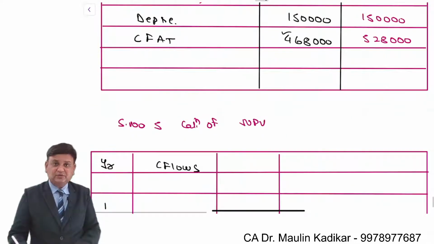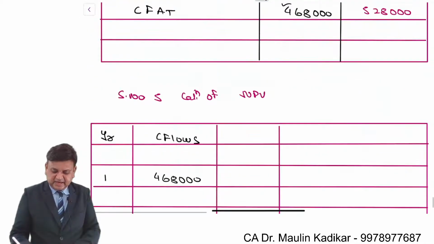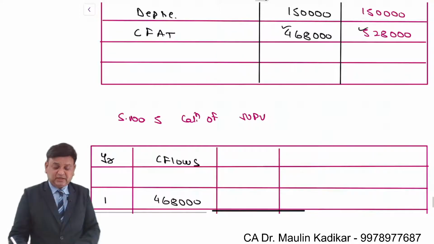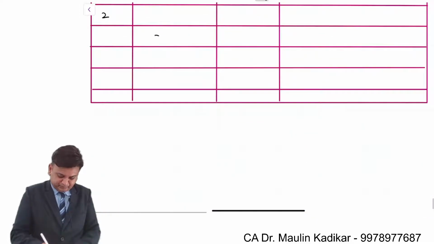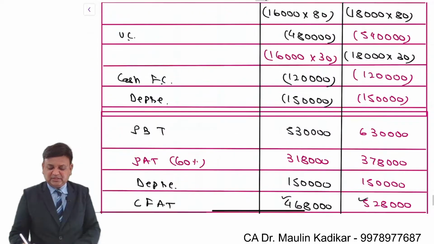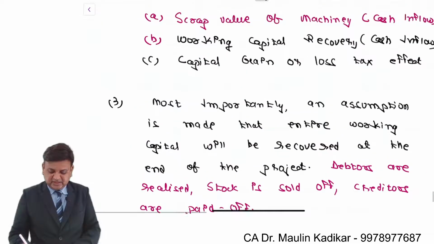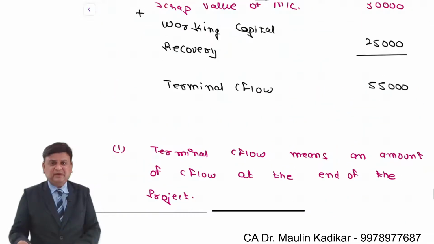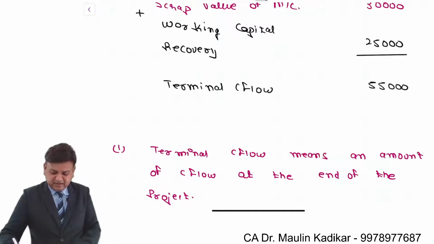At the end of the first year, 468. At the end of the second year, 528. Plus the scrap value of the machinery to be received at the end of the second year, and the working capital recovery.